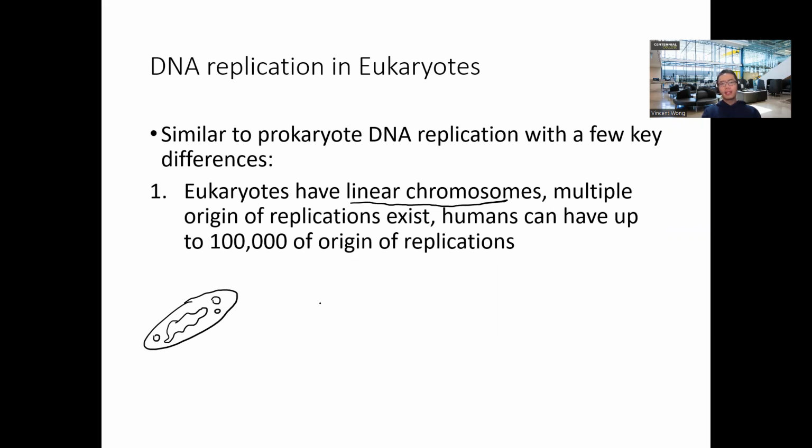So that means it will take a very long time if we only have 1 or 2 origins of replication. To overcome that problem, we will create up to 100,000 of these origins of replication. In prokaryotes there are very few origins of replication, but for eukaryotes we have many more.